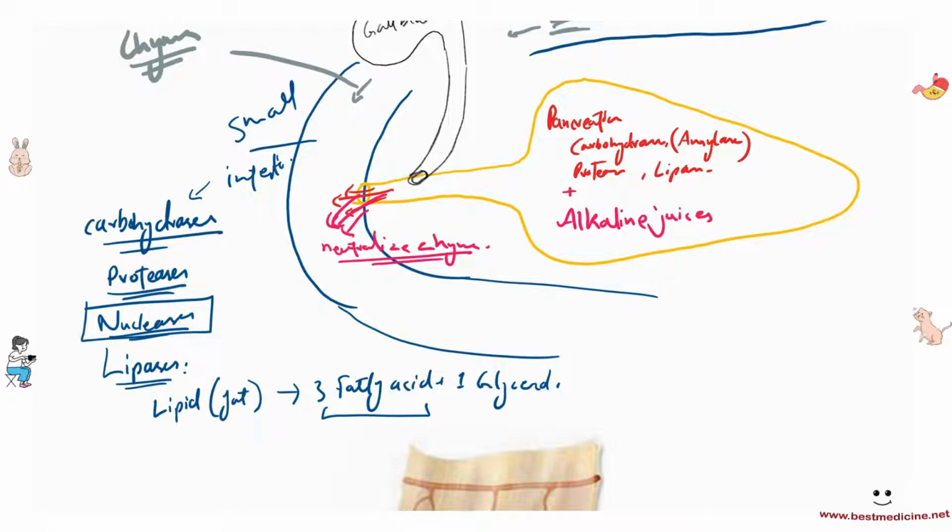They will denature, and so we want to neutralize the chyme before these enzymes in the small intestine and the pancreatic enzymes can work. So the pancreatic lipases, carbohydrases and proteases, as well as the small intestinal enzymes, would only work when the pH is close to neutral or even slightly alkaline, which is why the pancreas secretes alkaline juices to help neutralize the acidic chyme to be able to have an optimum pH for all these enzymes.